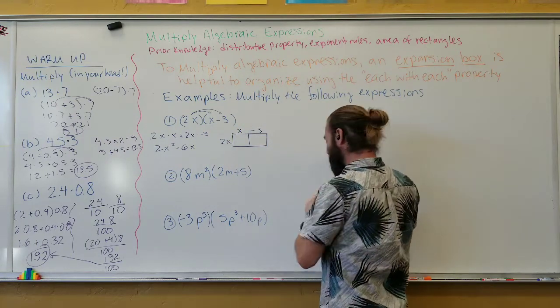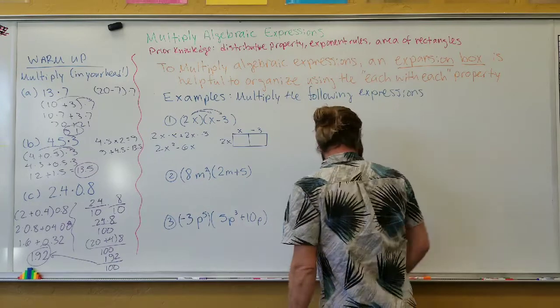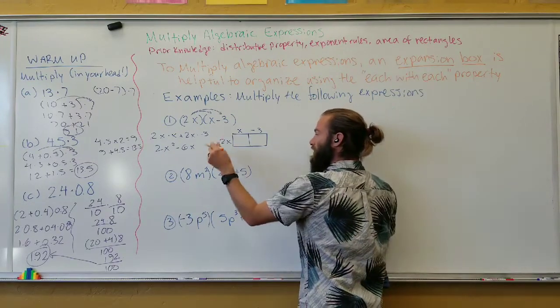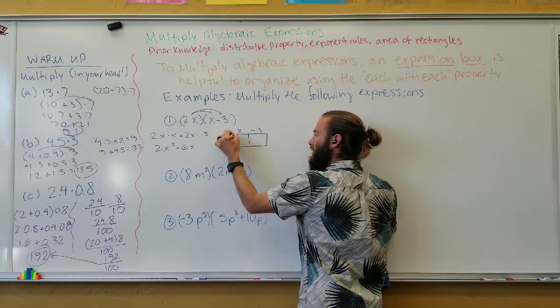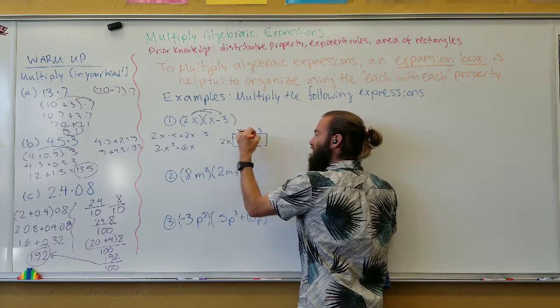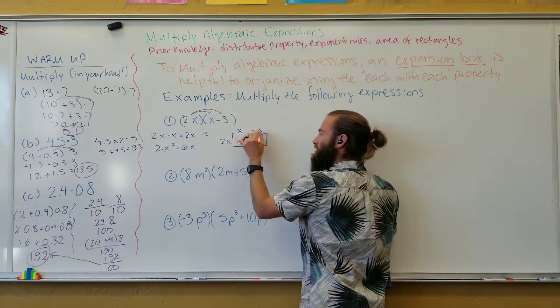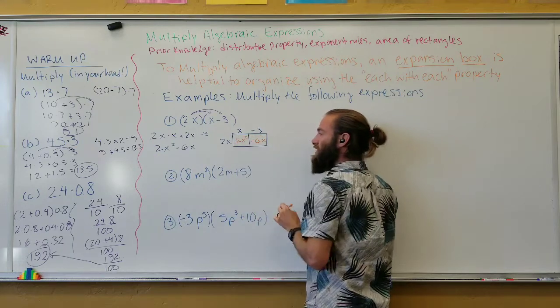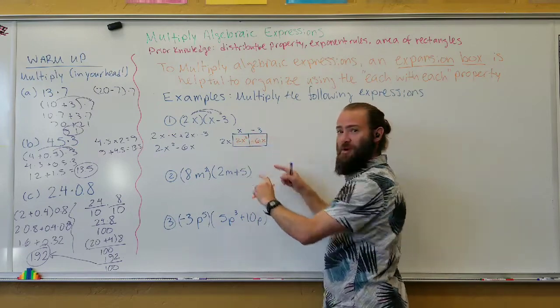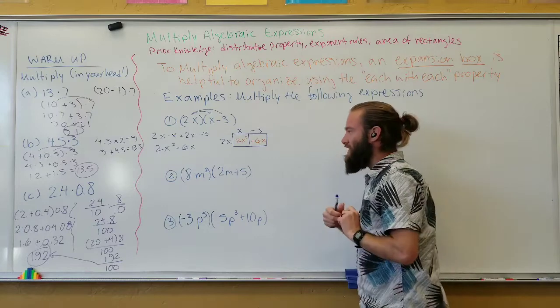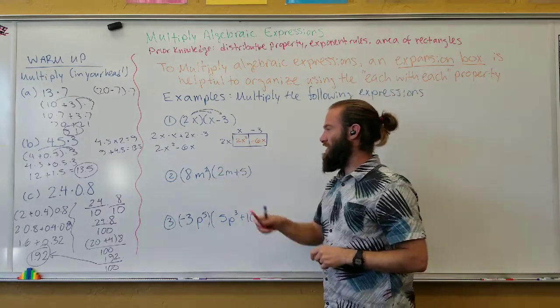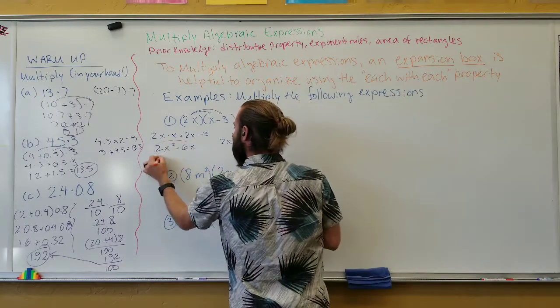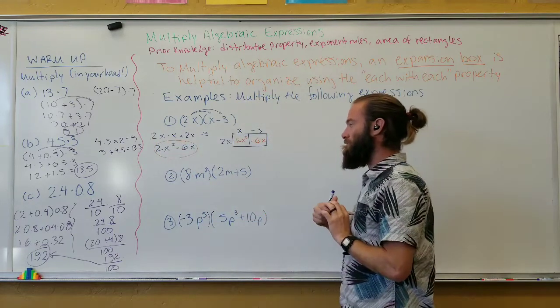And if I think of it like the area, well, this is what's cool about this, like we did in the last one, is 2x times x, the area of that piece is 2x squared, and 2x times negative 3 is negative 6x. And then if I add all the boxes together, you see, then what we get is 2x squared minus 6x, okay? So that's actually going to be my final answer, okay?